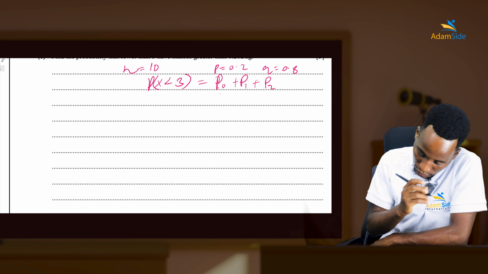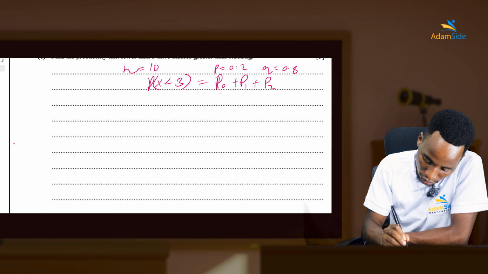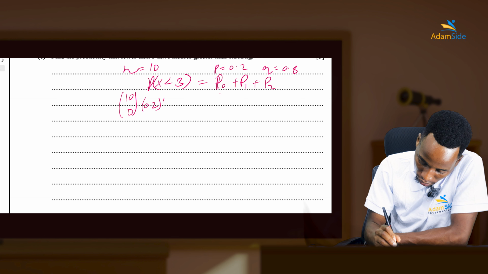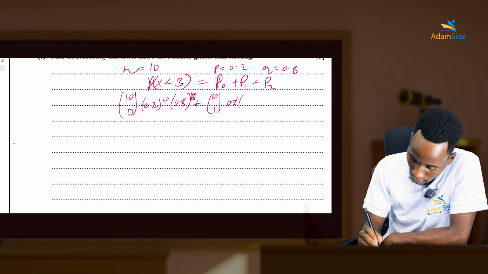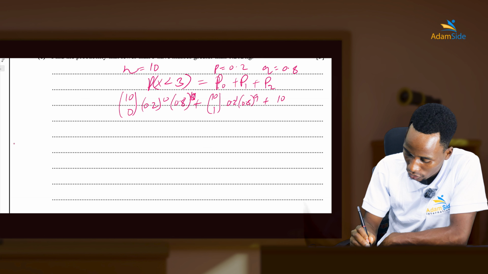So exactly 0 will be 10 choose 0, 0.2 to the power of 0, times 0.8 to the power of 10, plus for exactly 1, 10 choose 1, 0.2 to the power of 1 times 0.8 to the power of 9, plus 10 choose 2, 0.2 to the power of 2 times 0.8 to the power of 8.